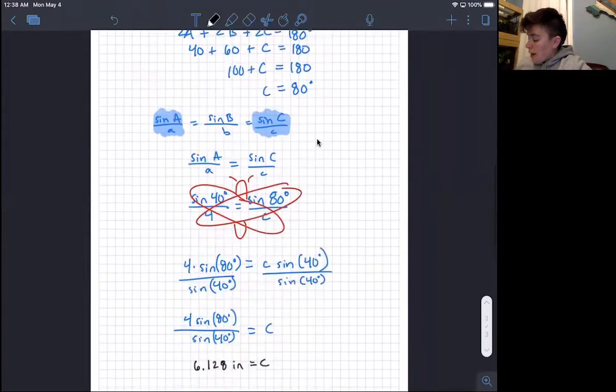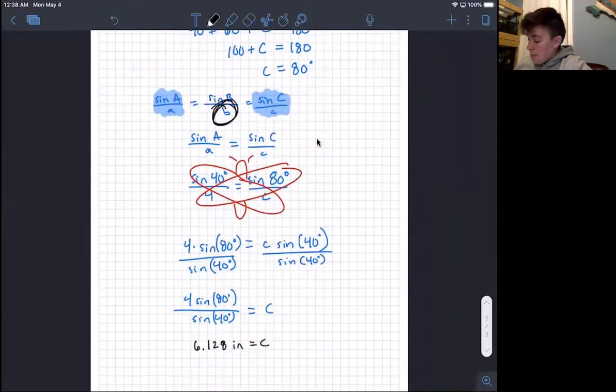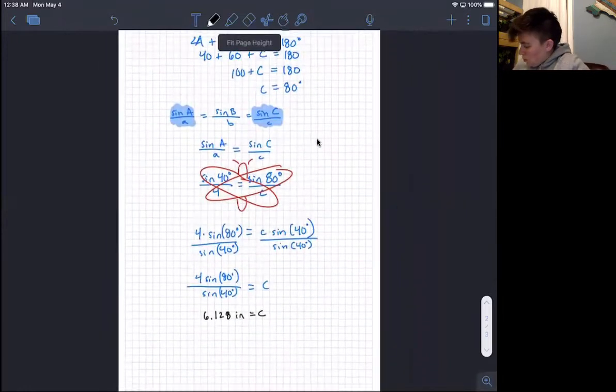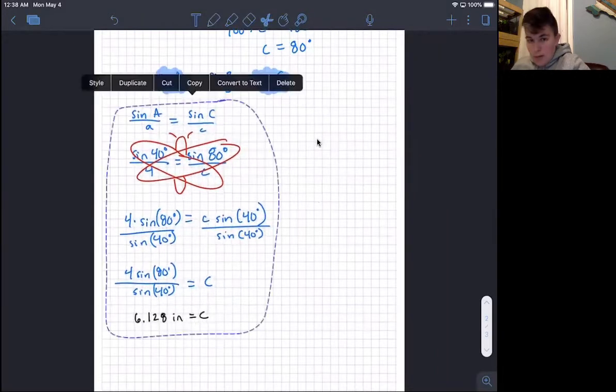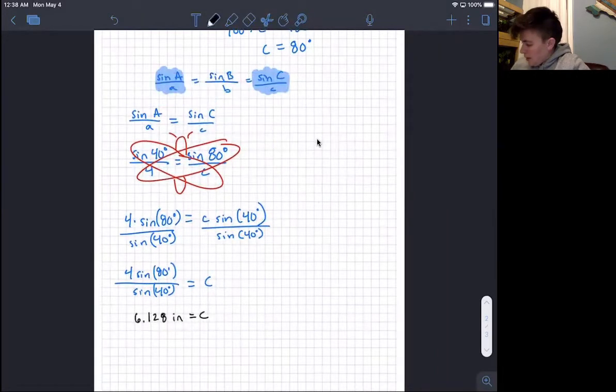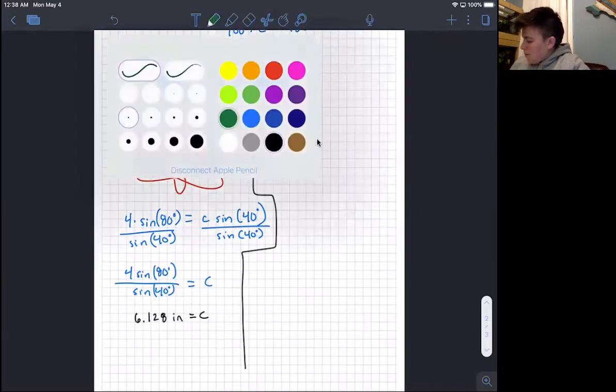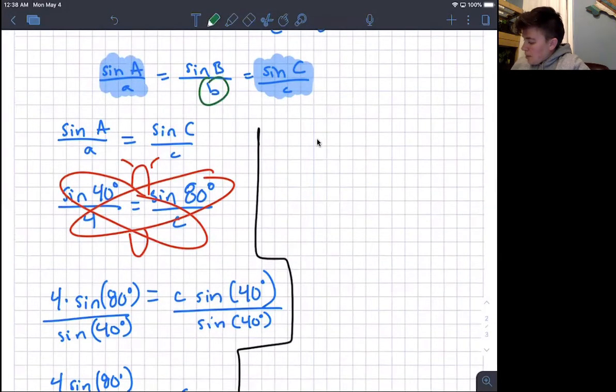Okay, so now that we have c, since we're solving the triangle, we still need to go back and find side b. I'm going to use the glory of my iPad here and scoot all that over. Now I'm going to put in sine B. So sine A over a equals sine B over b.